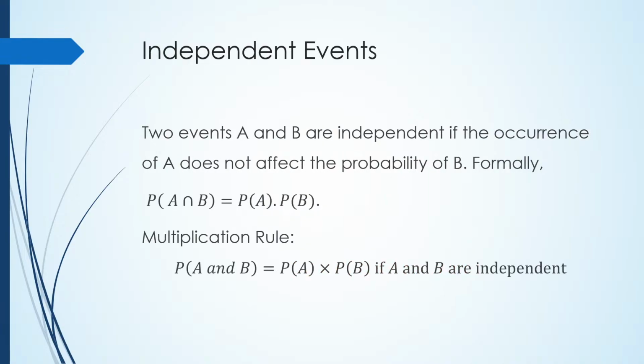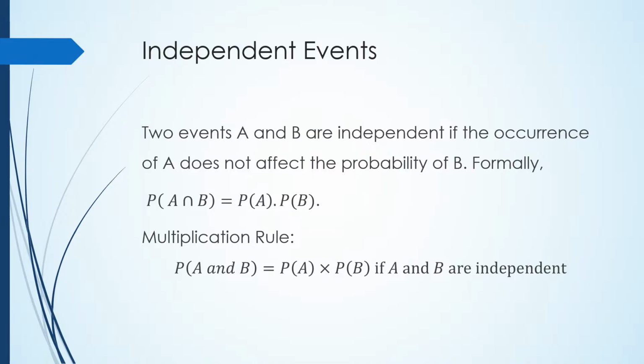Now, the other type of event that we can deal with is independent events. Independent events do not influence each other in any way. For example, if you flip a coin, it does not change the likelihood of the outcome when you flip it a second time, or if you roll a die right after. So if you flip a coin and you roll a die, they don't interfere with each other, right?